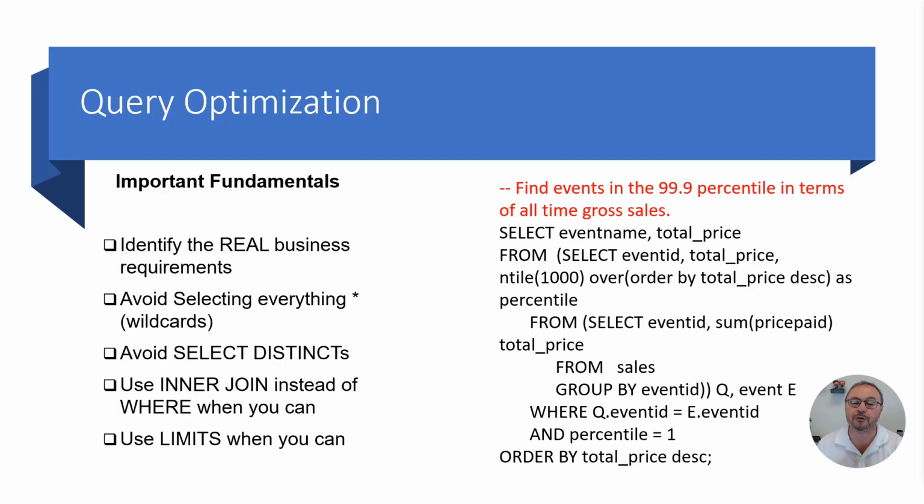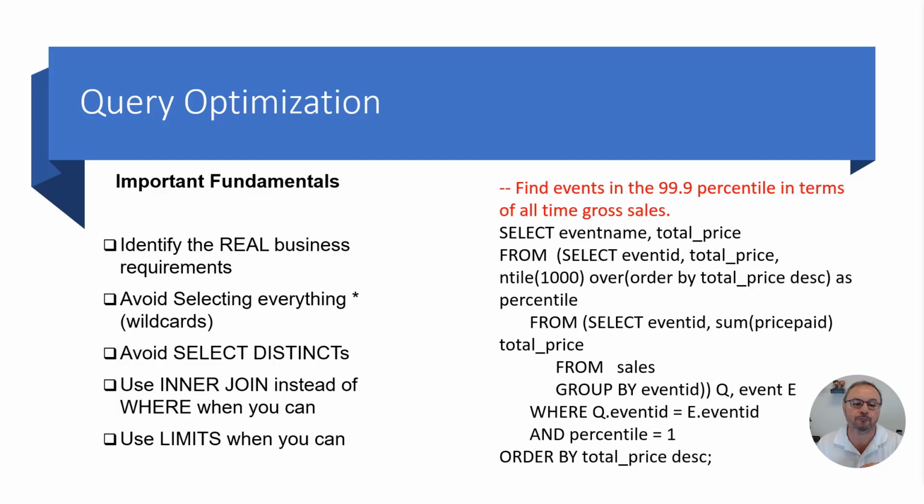We need to look at the business requirements to line that up. One thing we should not be doing is selecting everything. Don't use wildcards. If you can get the stakeholders to tell you exactly what they need, this will help you identify the most efficient way to pull that information in the query.